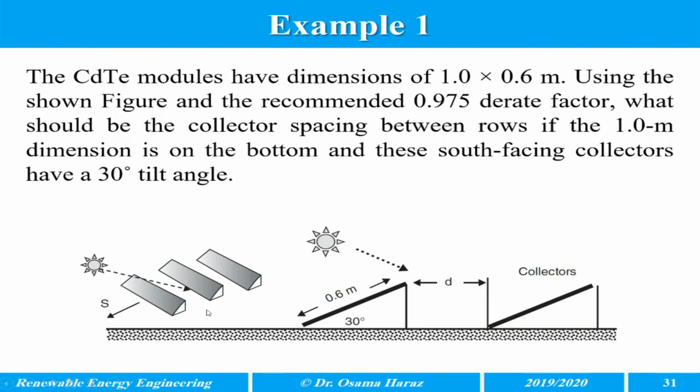So the area of this PV module is 1 times 0.6 meter. Using the figure below and the recommended 0.975 derate factor, what should be the collector spacing between rows if the 1 meter dimension is on the bottom, and these south facing collectors have a 30 degree tilt angle?